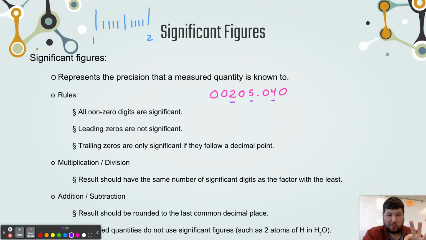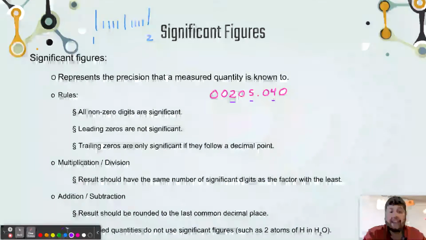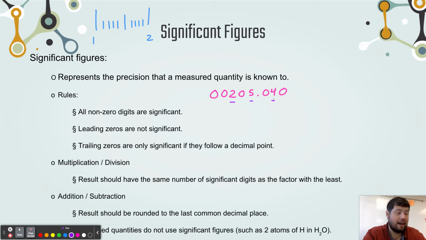Then we get to the zeros, which are always, of course, the part that's a little trickier. The first thing to know is that leading zeros are never significant. What I mean by a leading zero is the zeros in front of the numbers. So anything in front of the first non-zero number is never going to be significant. So those are not significant figures.